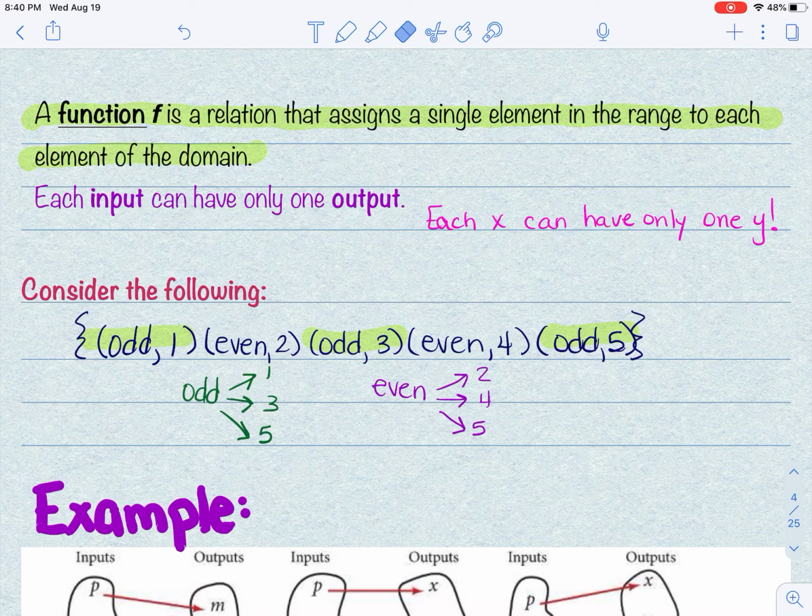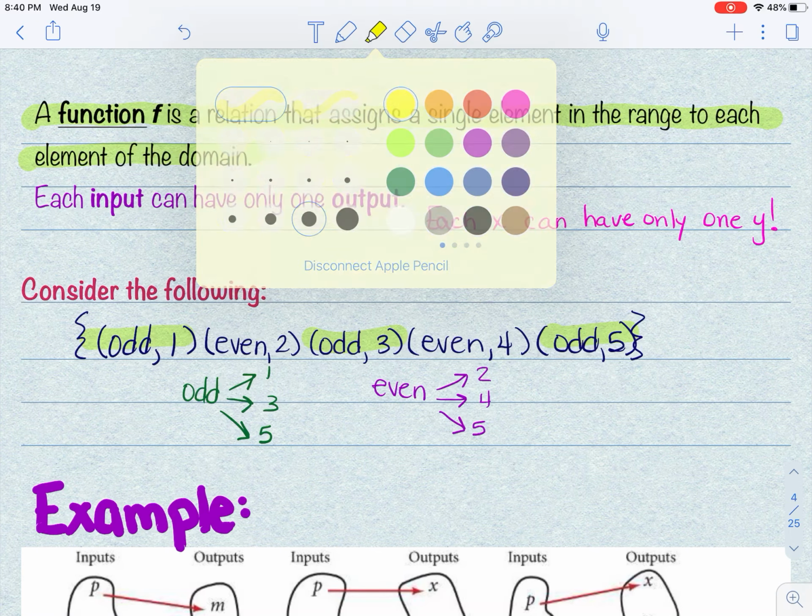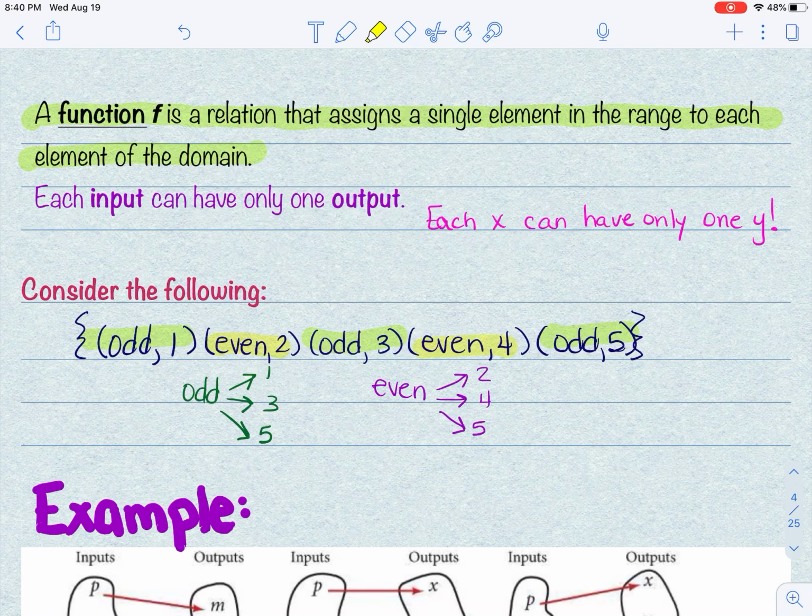So in this case, the input variables have more than one output variable, which means this would not be a function.